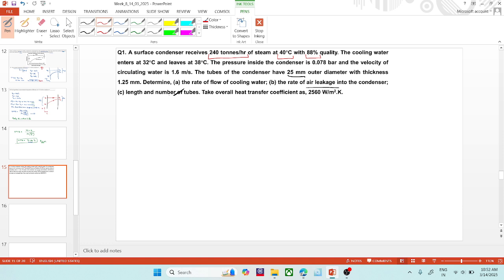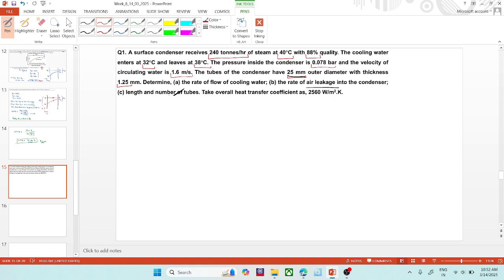The cooling water enters at 32 degrees centigrade and leaves at 38 degrees centigrade. The pressure inside the condenser is 0.078 bar and the velocity of circulating water is 1.6 meter per second. The tubes of the condenser have 25 mm outer diameter with a thickness of 1.25 mm. With the help of this thickness, we can determine the inside diameter of the condenser tube.